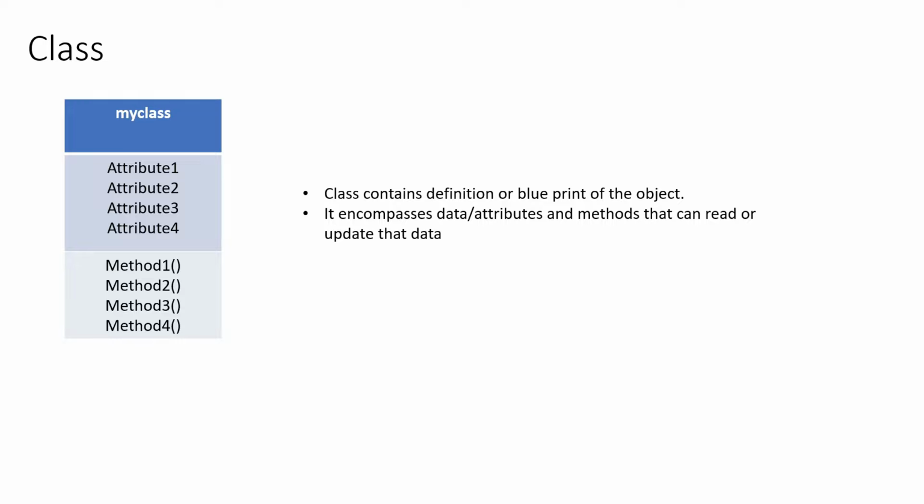In object-oriented programming, you have a class, and that class would encompass all the attributes and the methods that can act on those attributes. In our case we are taking the example of the employee. So I can create an employee class.